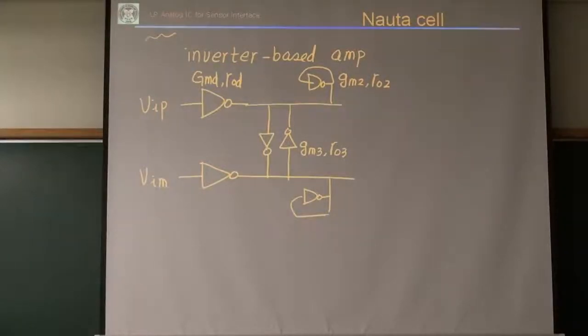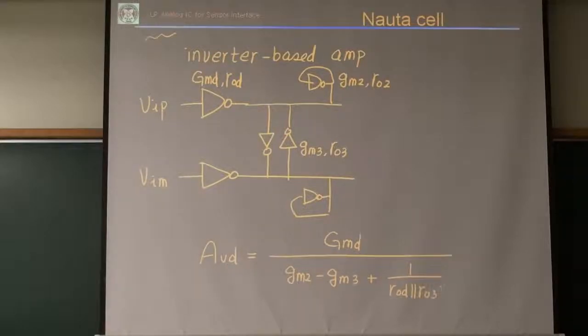Yeah, so there is some slight error in the common mode gain. For the differential mode gain, say we have GMD, this is GM2 minus GM3, plus all those resistances in parallel, RO drive, RO3, RO2, or something like that.